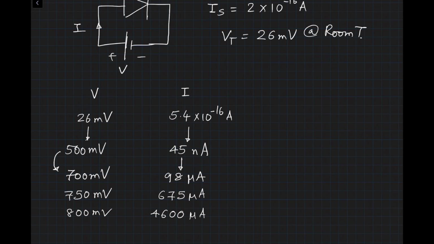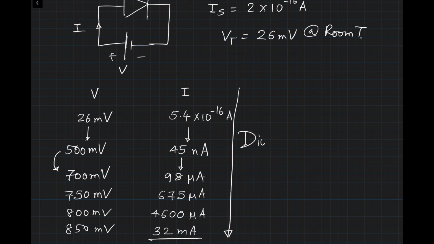And now from 800 millivolts to 850 millivolts, this becomes 32 milliamps, very large. We call this process the diode turning on. You can see around this value here, 700 to 750 millivolts, the diode really turns on.